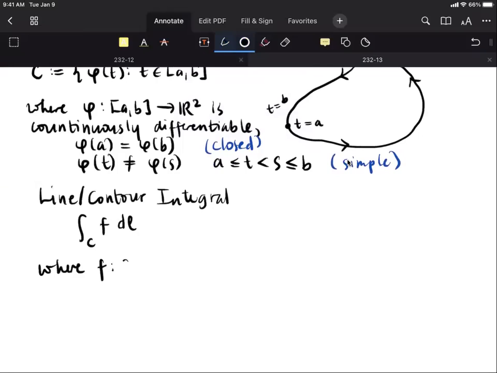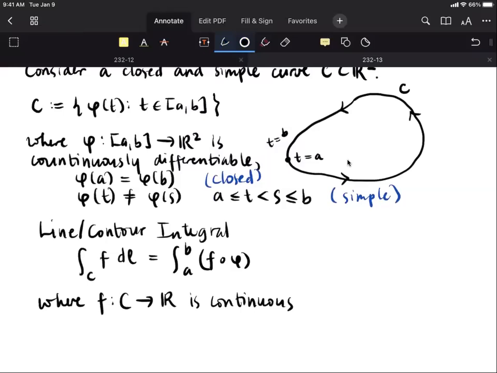So f is a function from C, let's say, to R. It's continuous. Then this can be written as the Riemann integral of the composition of f and the parametrization, okay, of phi, or I should say C.